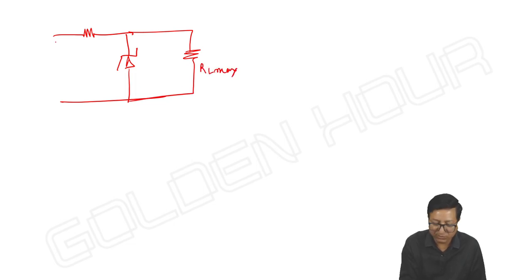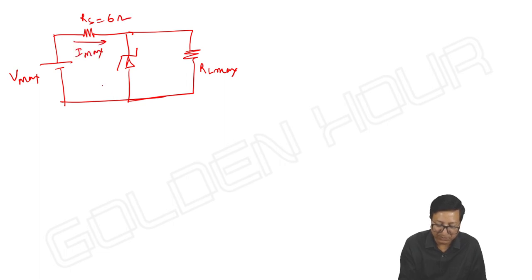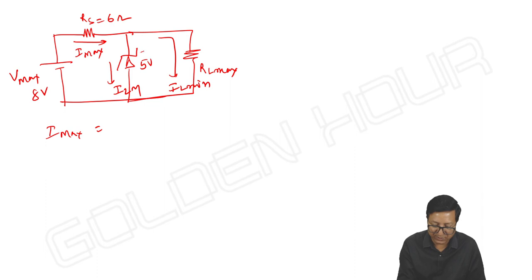RL maximum. Input is maximum, RS is 6 ohms. Here I is maximum, IZM, IL minimum. So I max, with V max equal to 8 volts and VZ is 5. So 8 minus 5 by 6, 3 by 6, 1 by 2 amperes.